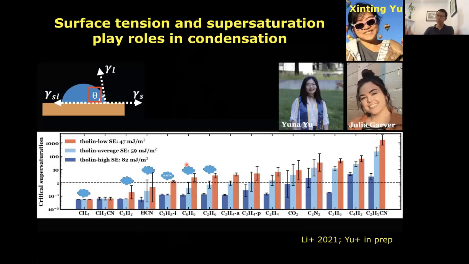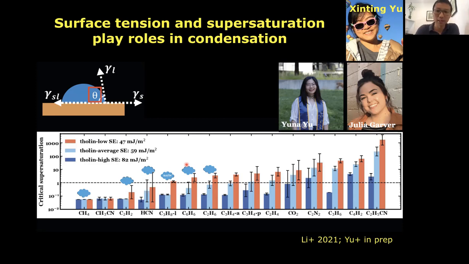And how do you form ice on top of those particles? It depends on a lot of interesting things: supersaturation of the vapor, surface tension, and so on. This is something we don't even know for ice cloud formation on Earth, so it's really the frontier.